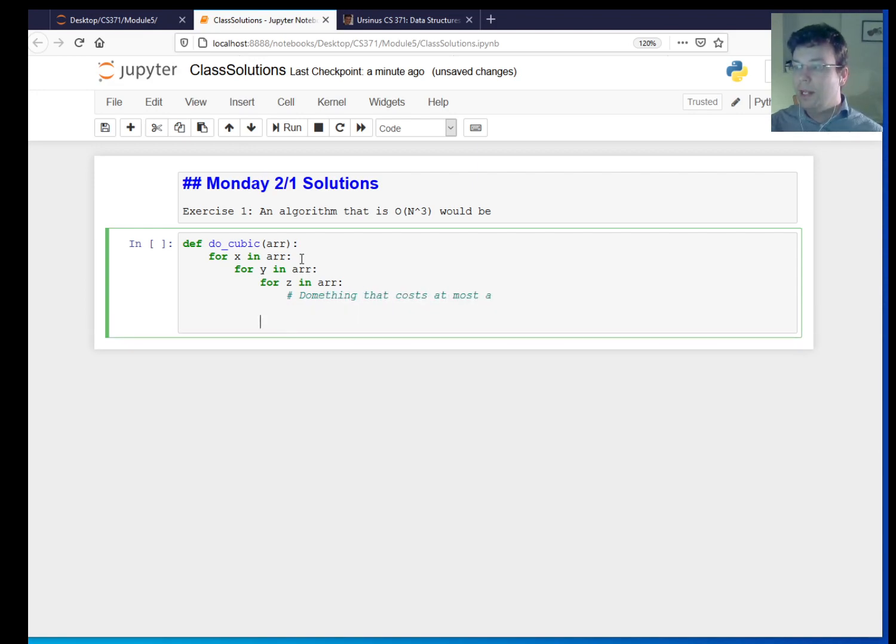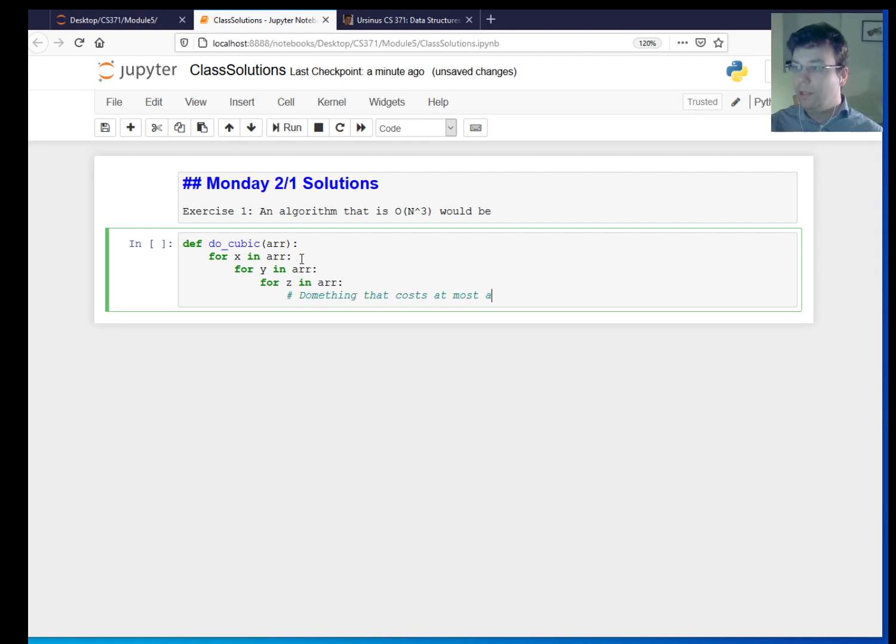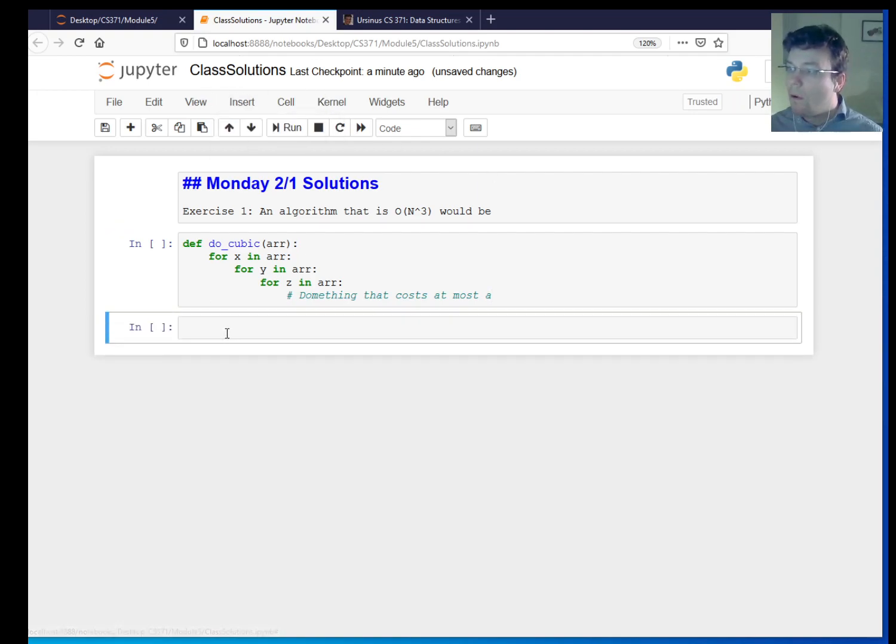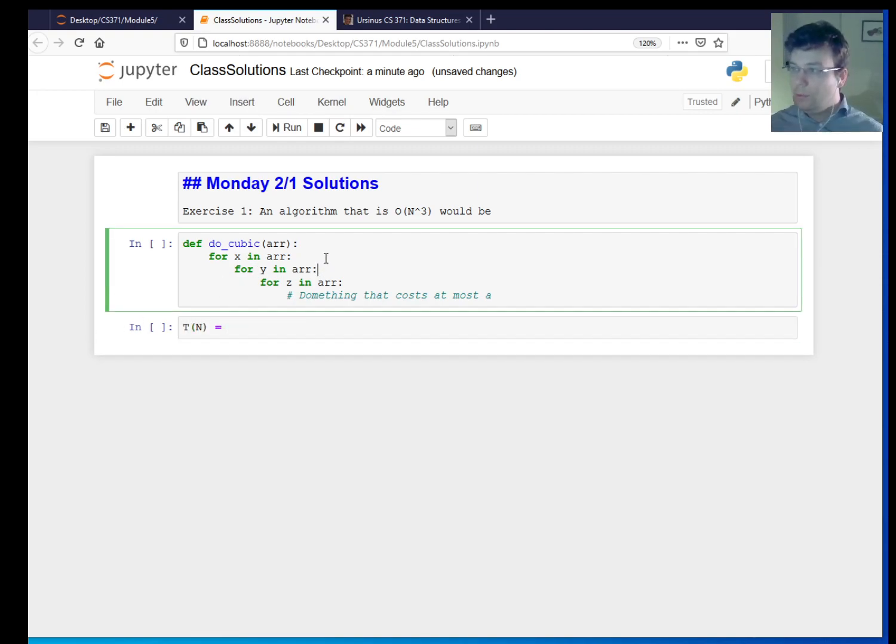Well, this is going to take, my timing function here is going to be, assuming that the length of the array is n, then this takes n steps. But for each of those n steps, it does these n steps. And then for each of those n steps, it does these n steps.